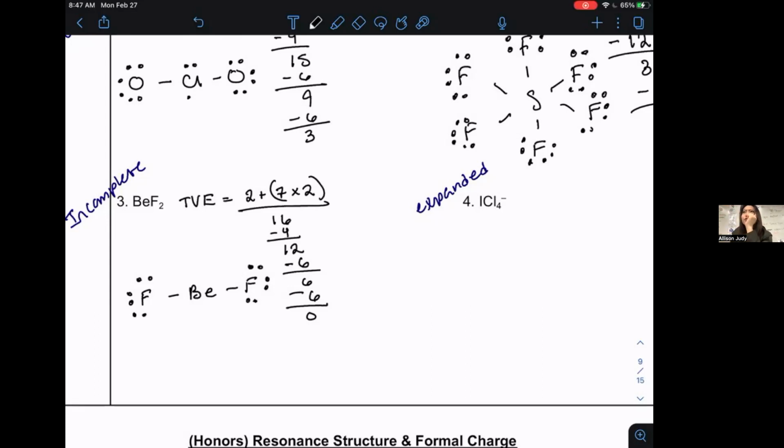What do halogens never do? Double or triple bond. So you kind of know that beryllium low-key has to be okay with 4. But we know from our rules that beryllium is okay with 4 or 6. Same with boron, same with aluminum. They don't have to have 8. Especially if the atoms that they're partnered with, fluorine, don't ever want to make a double or triple bond. Kind of just forces you to be okay with it.